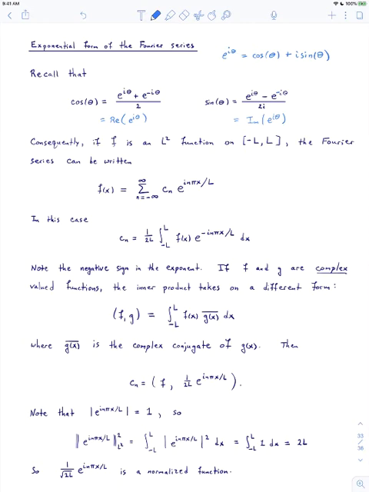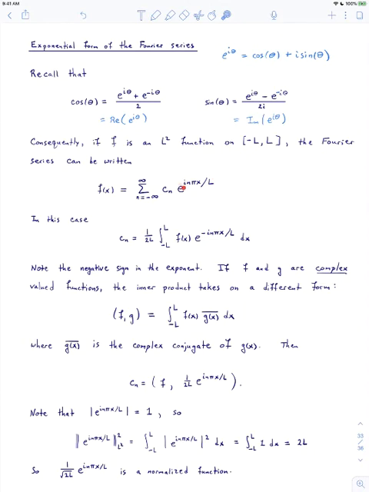So consequently, if you have a function which is an L2 function, you can write its Fourier series, but you can expand all of those cosines and sines into complex exponentials. So you can write f as the sum from n equals minus infinity now to positive infinity. n has to start from minus infinity because you have all of these e to the negative integers that will come out of this.